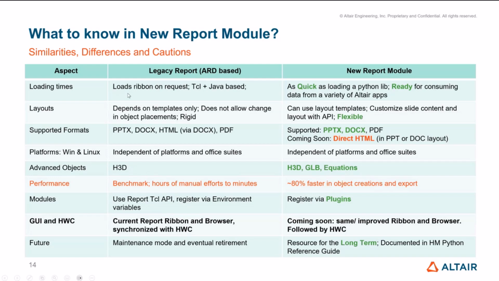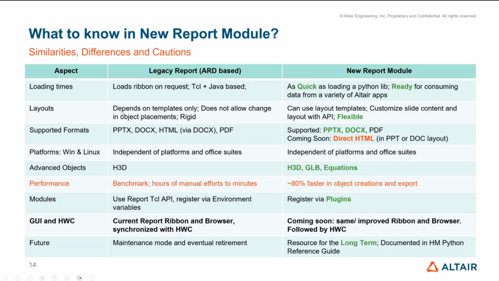So the main difference really is the one that are highlighted. That new report module is going to be pretty fast, and it's ready for consuming data from variety of Altair applications. So you could be working with that common Python API, and you could be working with HyperMesh Python as well as maybe Inspire or some other Python API. And this reporting service could take the data from anywhere. I mean, that's really the end goal of this new service.